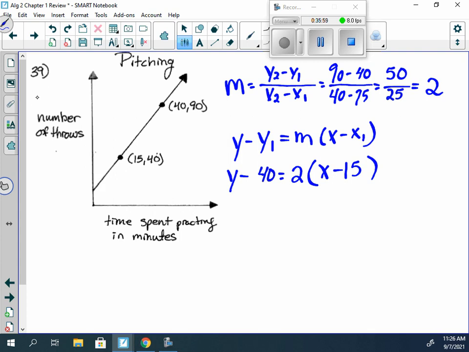Now we just need to get y by itself, y minus 40. We'll distribute the 2. 2 times x is 2x. And 2 times negative 15 is negative 30. Then what would we do next?